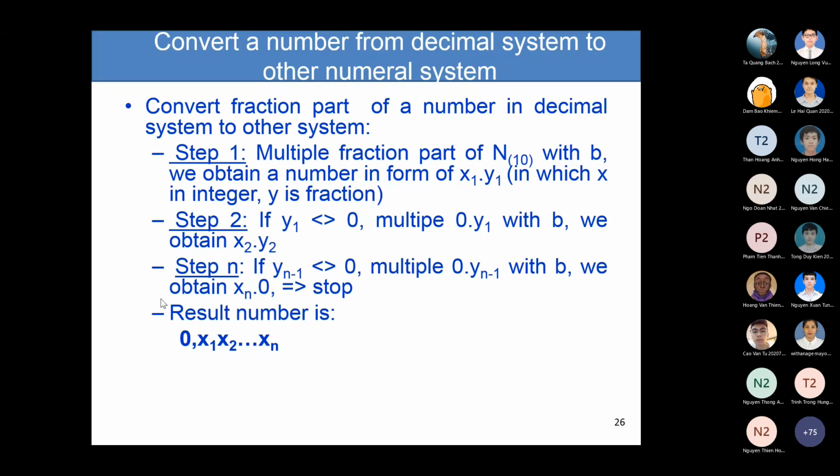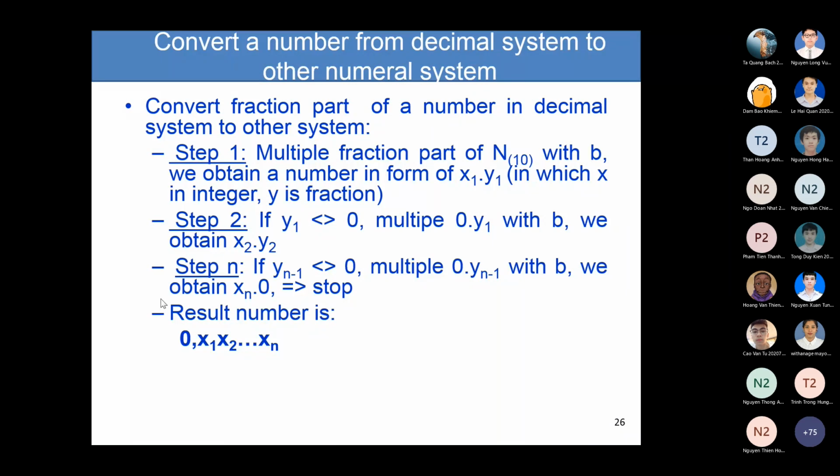If y1 is equal to 0, we stop. If y1 is different from 0, we continue to multiply 0.y1 by b, and again we obtain a result in the form x2.y2.